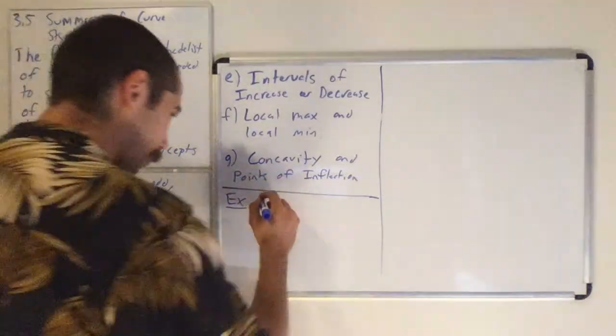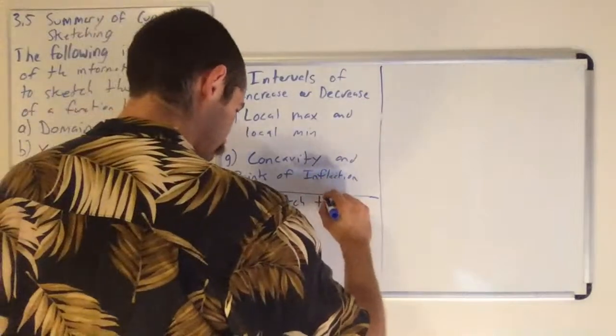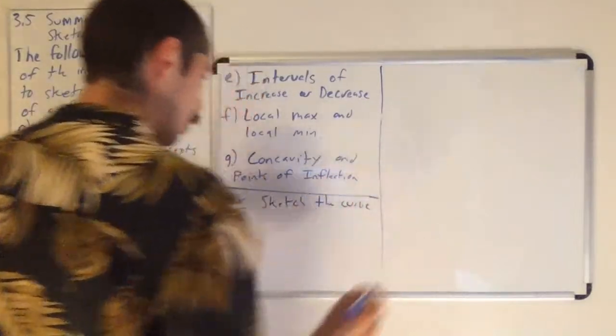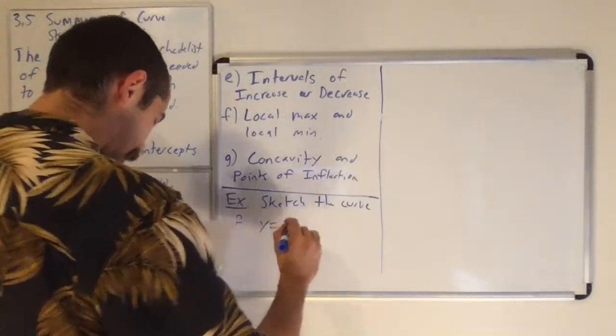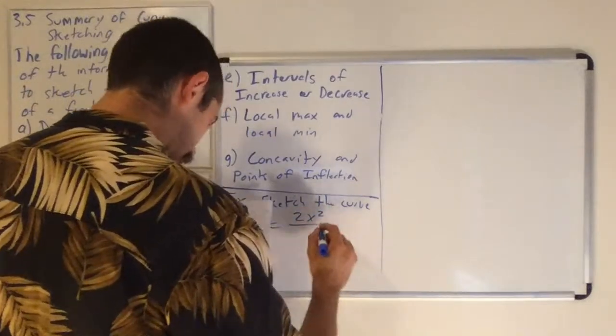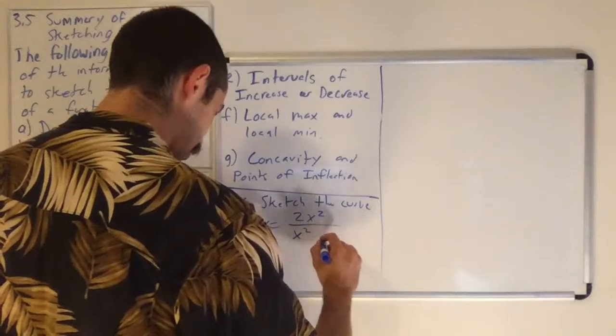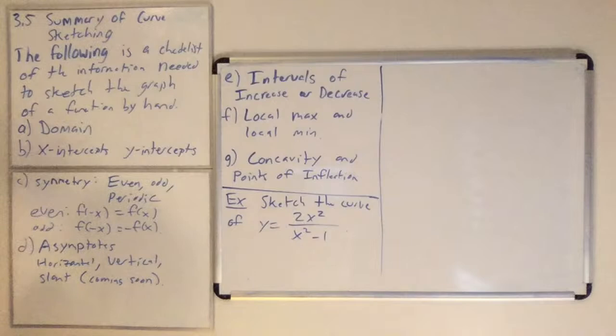So let's take a look at an example. The example is: sketch the curve of the function y equals 2x squared over x squared minus 1. Okay, and unfortunately, I don't have enough space in my whiteboard to be able to write out all of these 7 things at once.